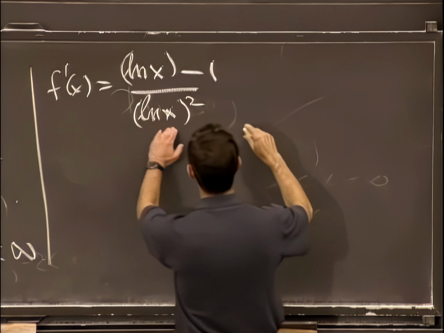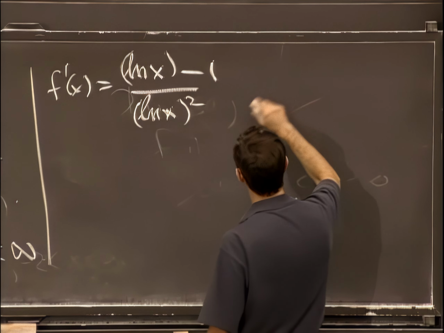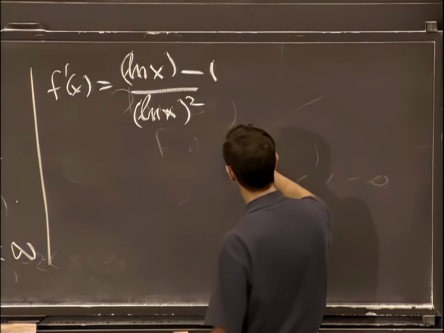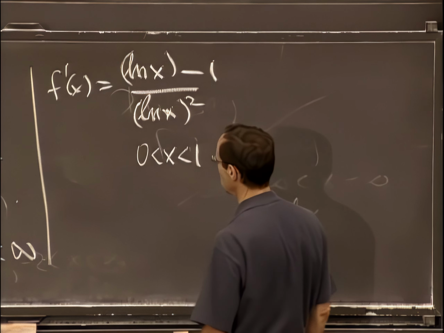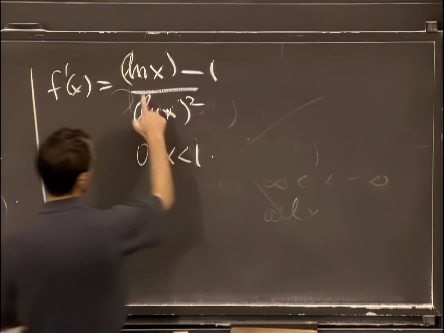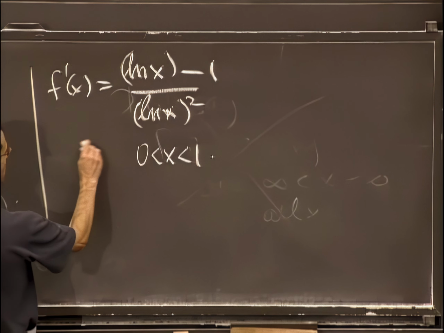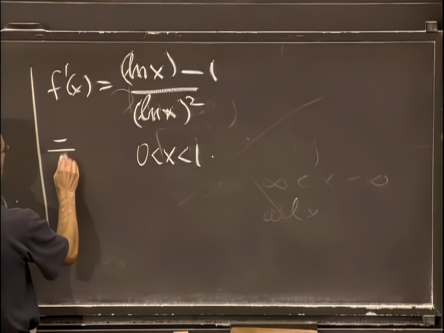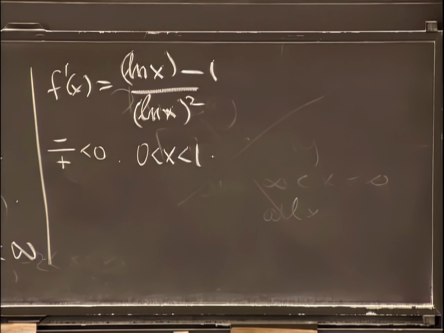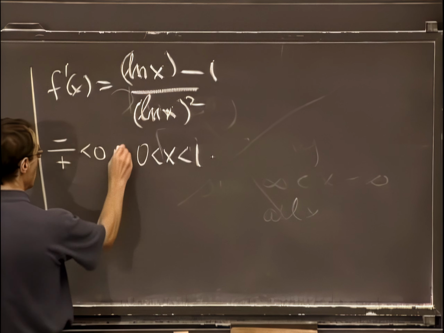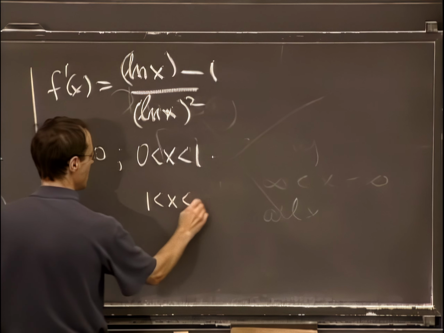So the denominator is positive. So let's just take a look at the 3 ranges. We have 0 less than x less than 1. And on that range, the logarithm is negative. So this is negative divided by positive, which is negative. That's decreasing. That's good. And in fact, that also works on the next range, 1 less than x less than e.